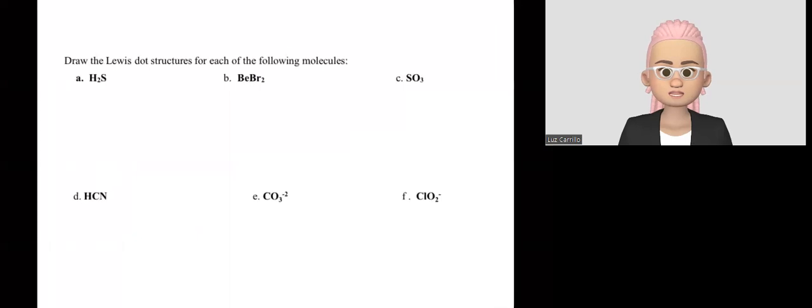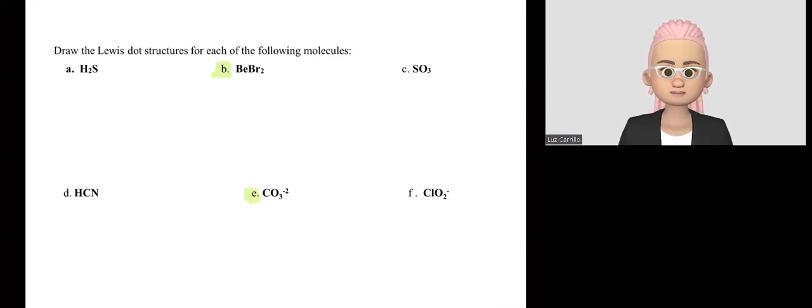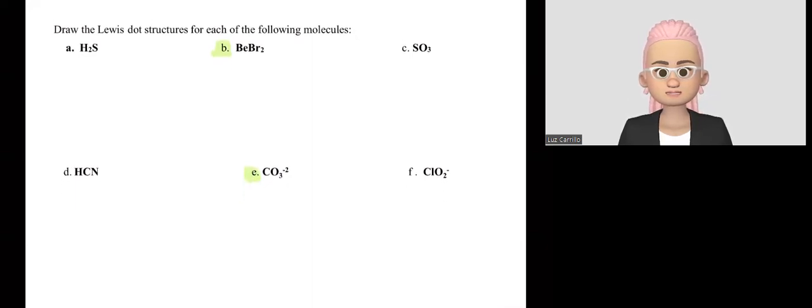For this, I'm going to specifically do examples B and E in the slide. Let's get started. If you have a chemical formula, the first thing that you have to find is the valence electrons available for bonding based on that chemical formula.